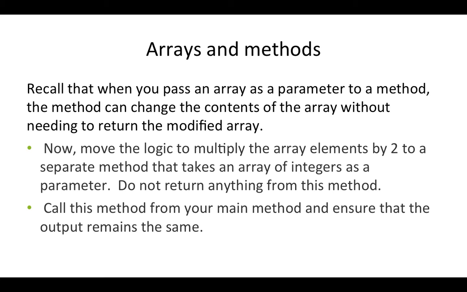So we would say that the changes for arrays are persistent across methods. That's just something to keep in mind. I know that's an abstract idea to think about, but it's a common reason for bugs in programs later.